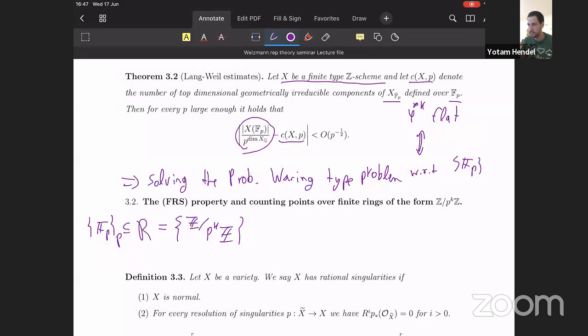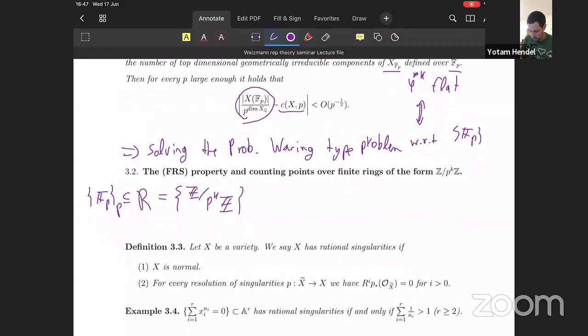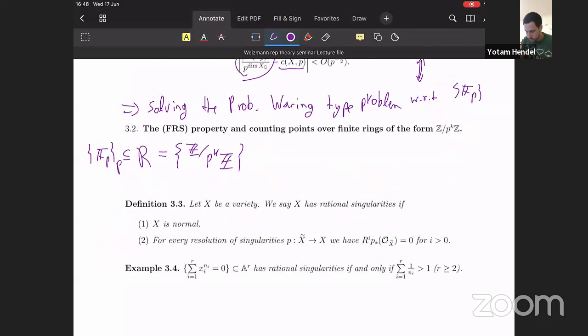And for this, I need some definition. Given some variety X, I say it has rational singularities if it is normal, and if for every resolution of singularities, the pushforward of the structure sheaf of the resolving variety has no higher cohomologies.